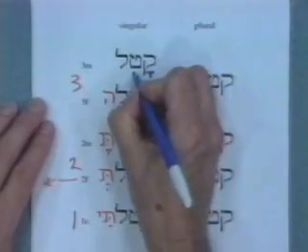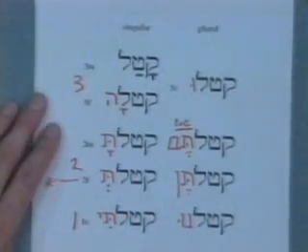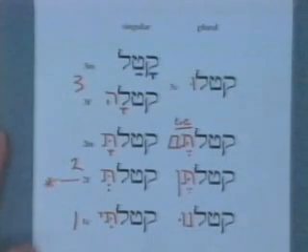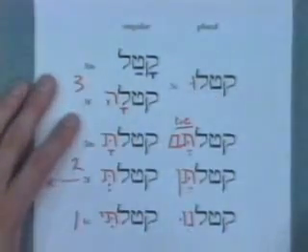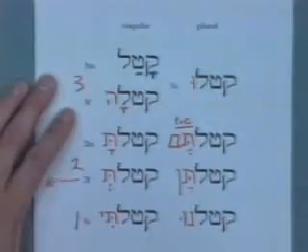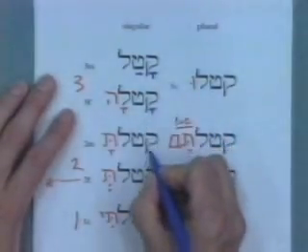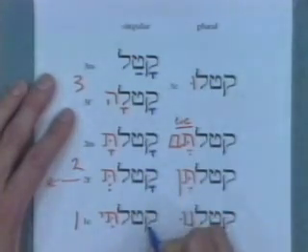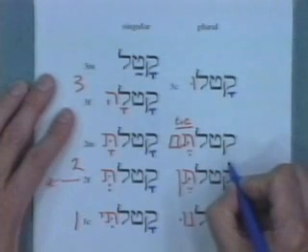The basic pointing of the kal perfect is katal. That you should now have in your head. All right? Katal. Frankly, that pointing, those vowels, are the foundation for all the other forms. In fact, that komets is really there in every other form except where it disappears.